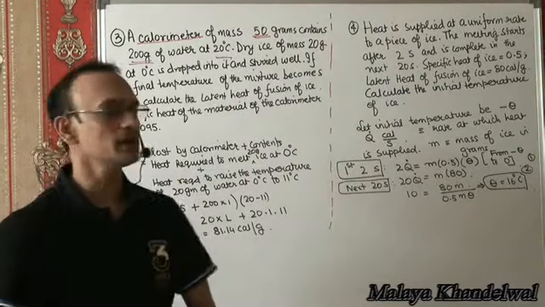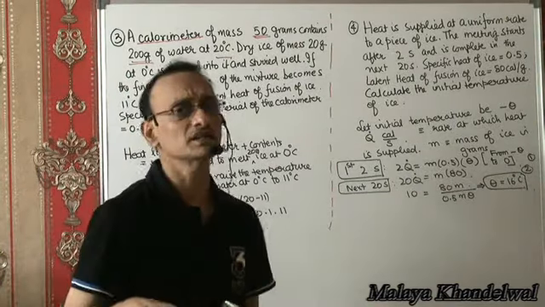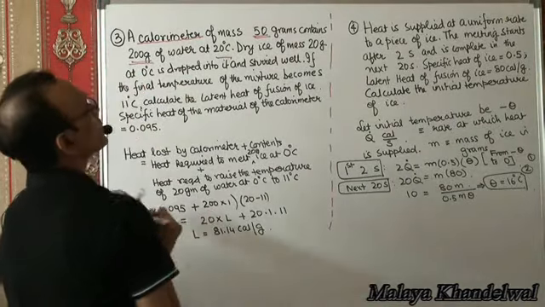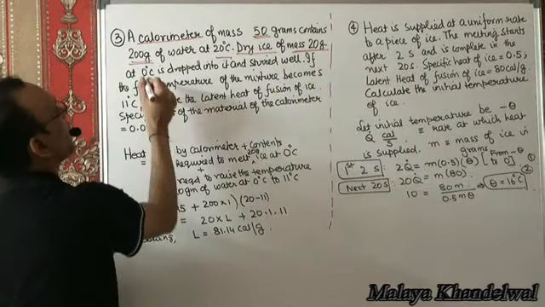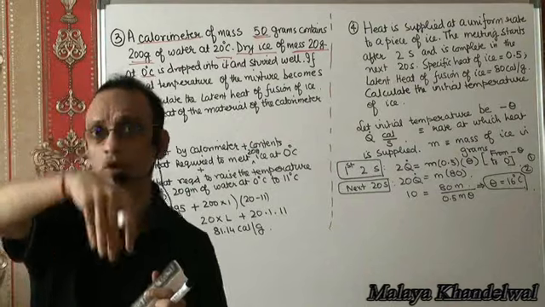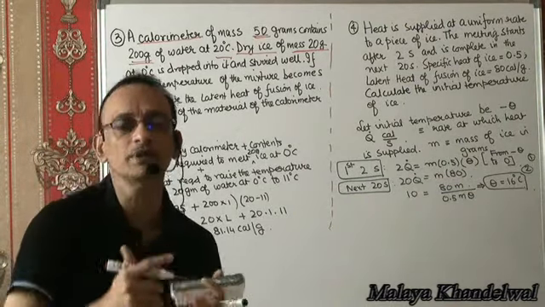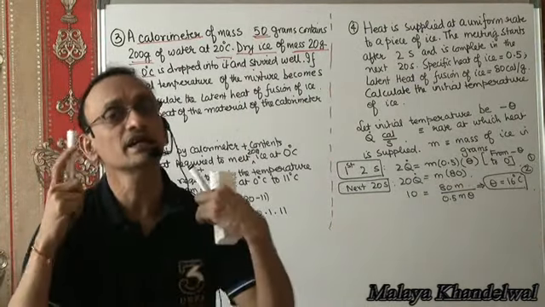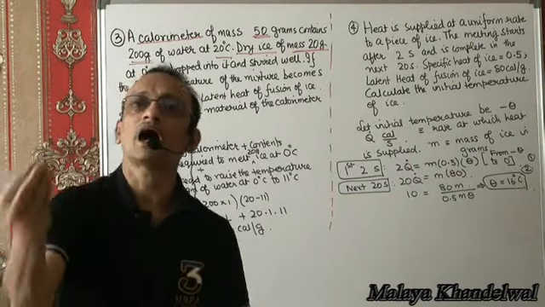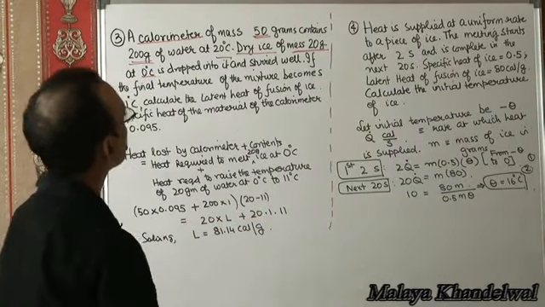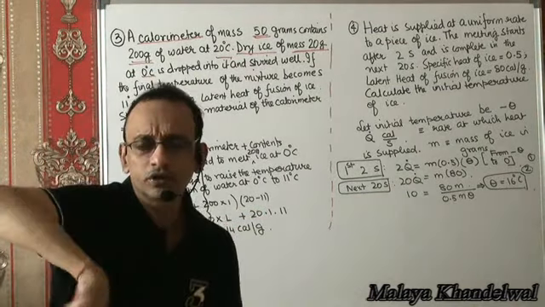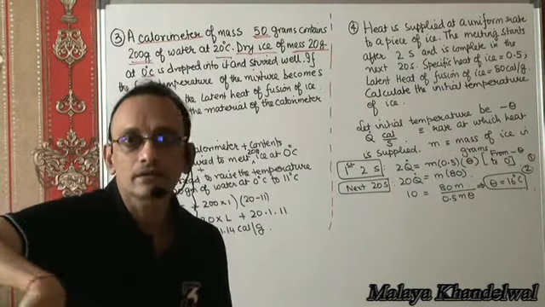degrees centigrade, right? Now what is done is, in this, 20 grams of dry ice at 0 degrees centigrade is dropped in the calorimeter. So the calorimeter along with its contents is at 20 degrees centigrade. Ice at 0 degrees centigrade is dropped in it, right? And the whole unit is stirred well, mixed well.